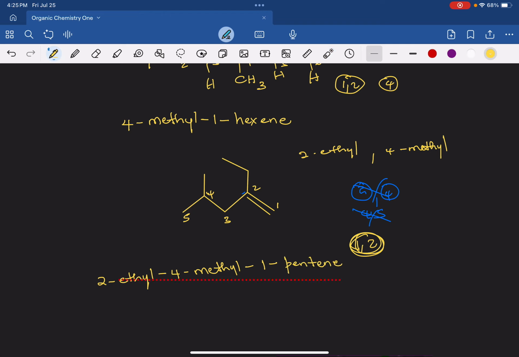So the rules for naming your alkenes are very similar to the ones to name your alkanes when it comes to order of substituents, etc., right? So clearly you list the substituents in alphabetical order like you did with your alkane.